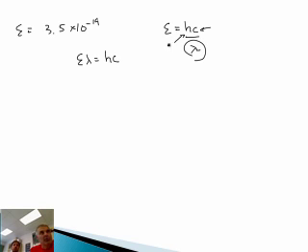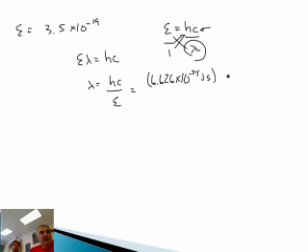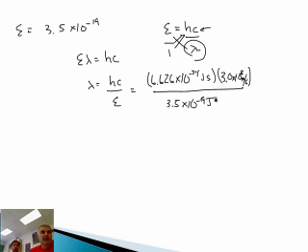Or lambda is equal to HC over E. So H is 6.626 times 10 to the minus 34th joule seconds times 3.0 times 10 to the 8th meters per second, over E, which is 3.5 times 10 to the minus 19th joules.